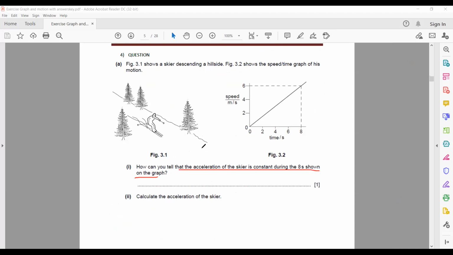There's a term which we normally use when the acceleration is constant, because the slope or the gradient of the line does not change, or we can say it is a straight line with constant gradient or slope or angle.